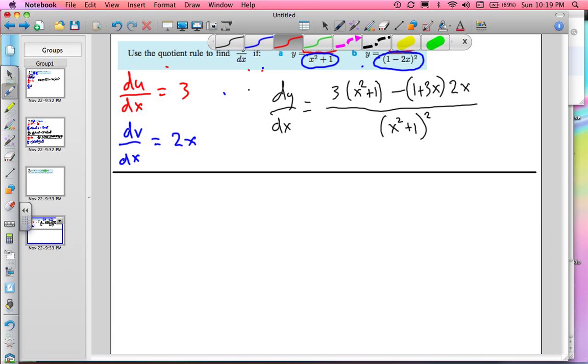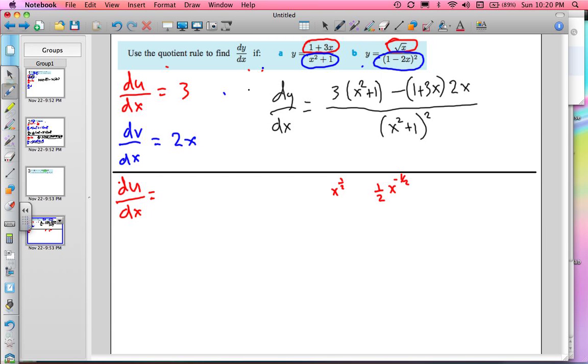Okay, so if we call the numerator function u, du dx is then just going to be, well, x to the 1/2. If I take the derivative of that, it just becomes 1/2 x to the negative 1/2, which ends up just being 1 over 2 root x.